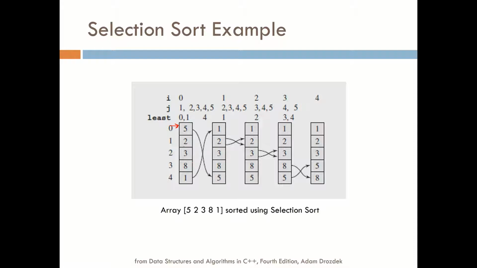So we sweep: the 3, the 8, the 1 is smallest, and we're at the end of the array, so we swap the 1 and the 5. Now we're trying to position this one, and we remember 2 as least, and we sweep right. Well, 2 is less than 3, it's less than 8, it's less than 5. So we basically swap 2 with itself, which is what this is showing here, because it was already in position.